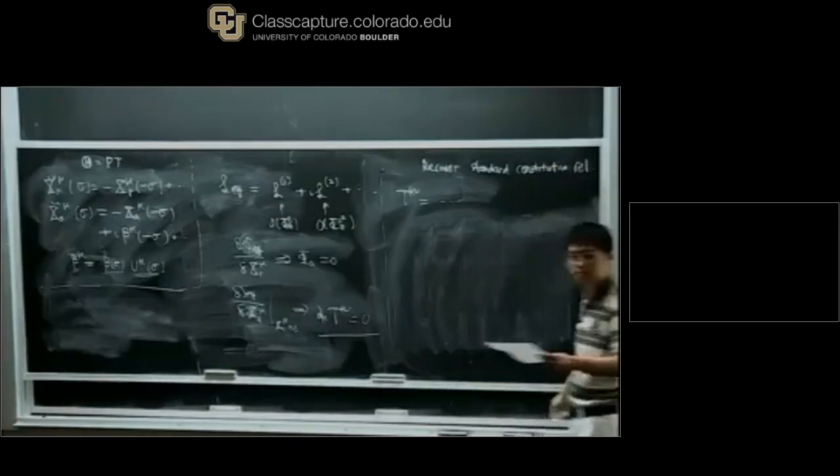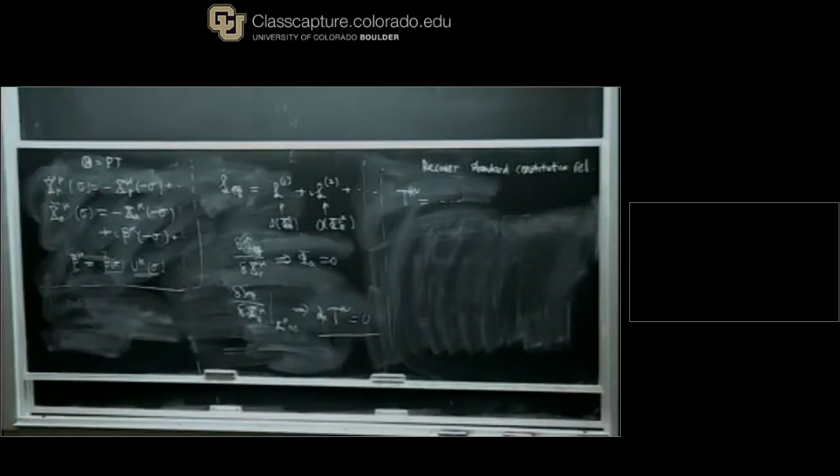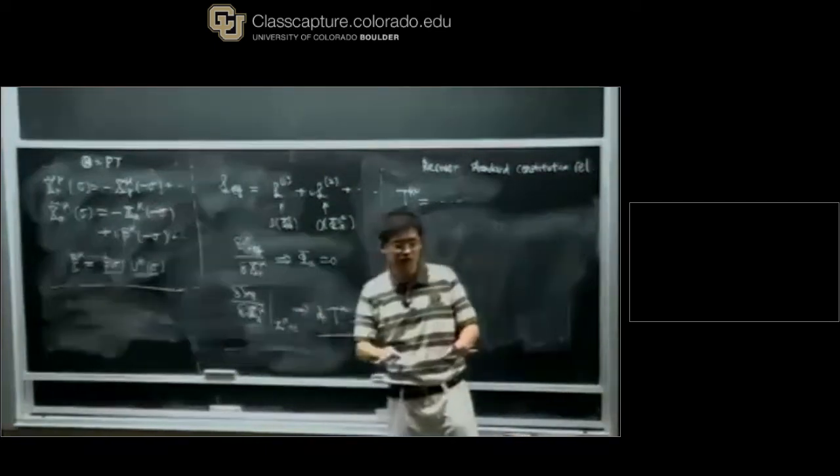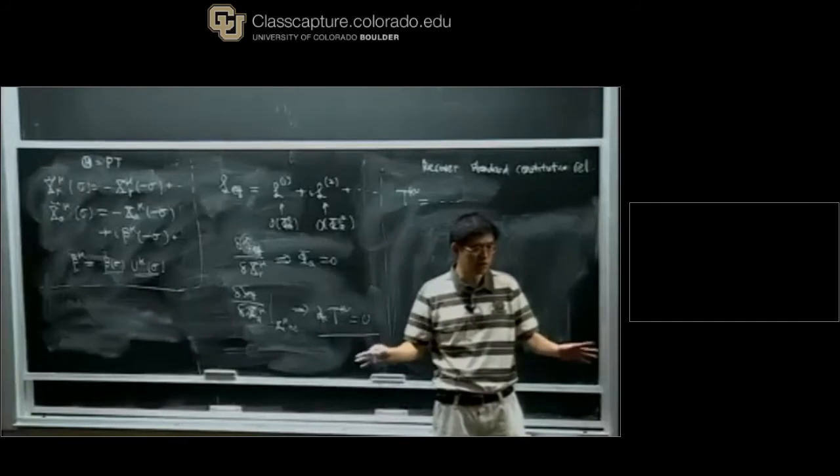If we don't set X_A to 0, we get a system with the current flow. At the equation of motion level, if you don't turn on the antisymmetric source, then you can always set X_A equal to 0.